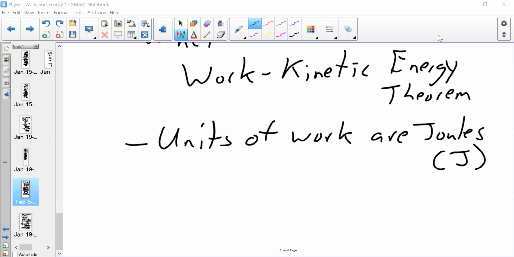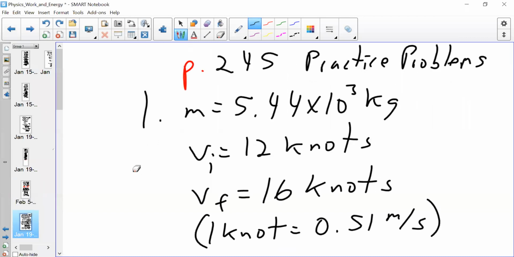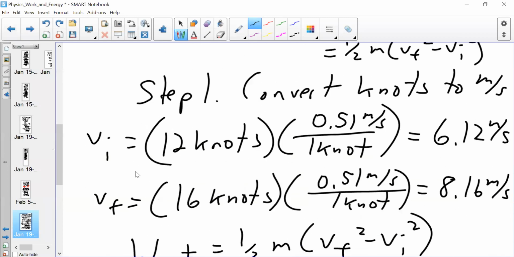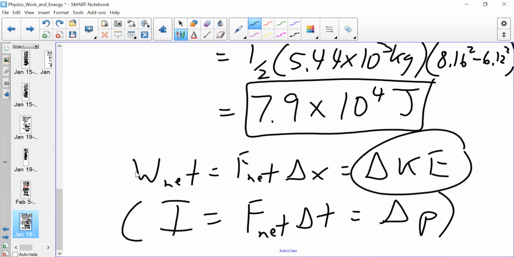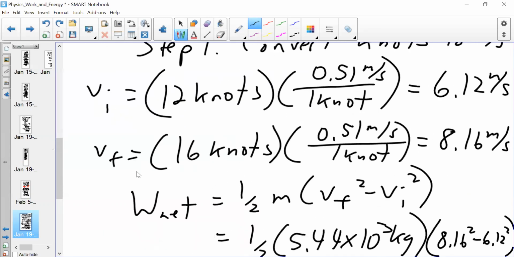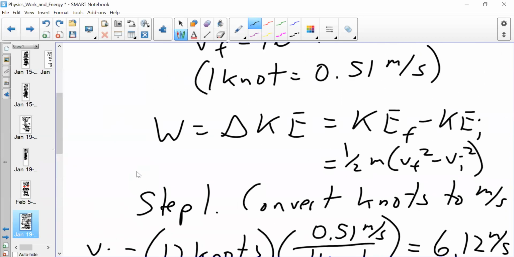So I'm starting with the catamaran. Okay, page 245, practice problems. We've seen this before. I want to do this again before we go on to the next one, which is, I don't know if we did the skater one. So have yourself ready. We're going to go to breakout rooms pretty soon. And I'd like you to do 3 and 4.